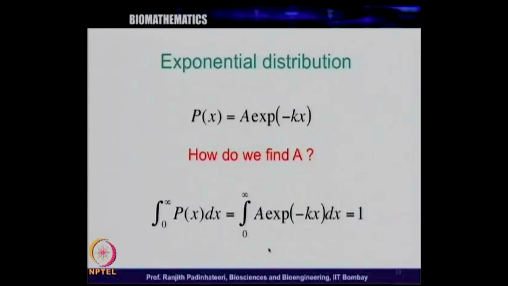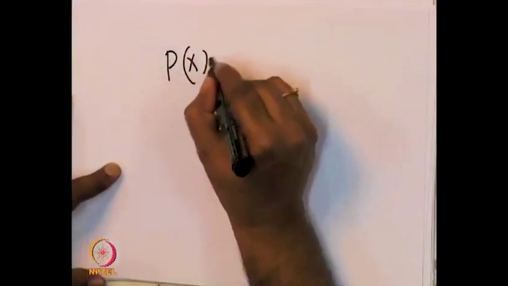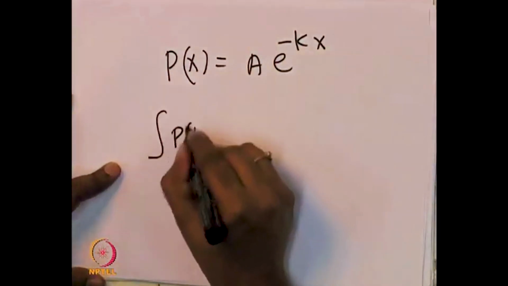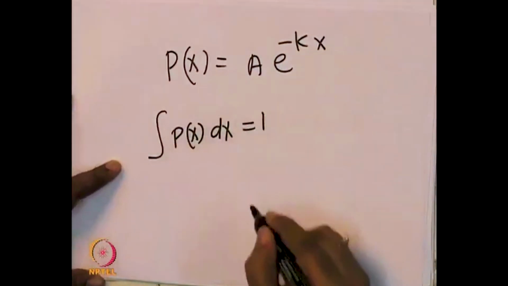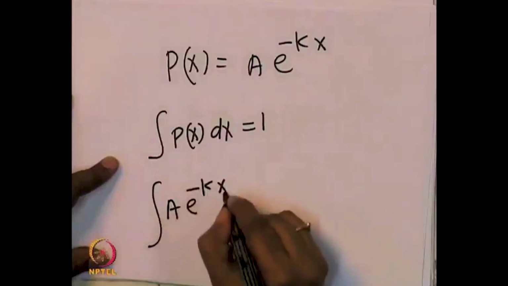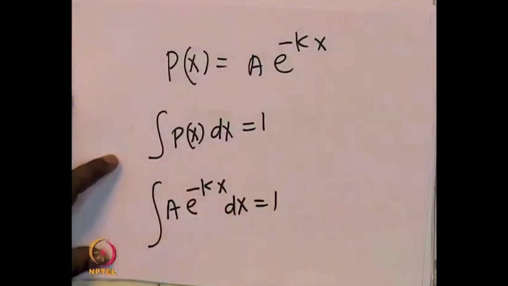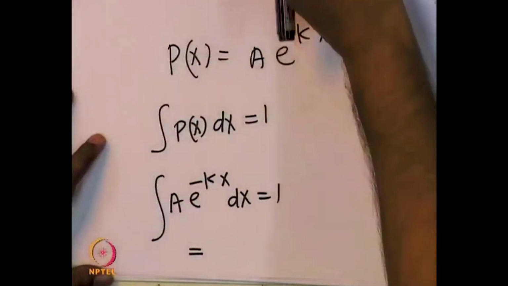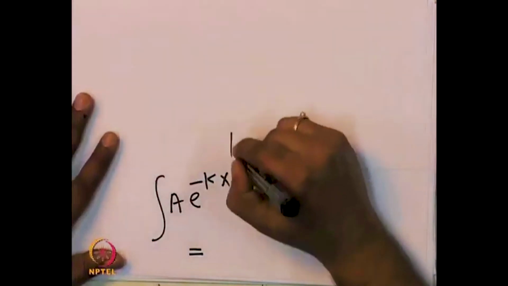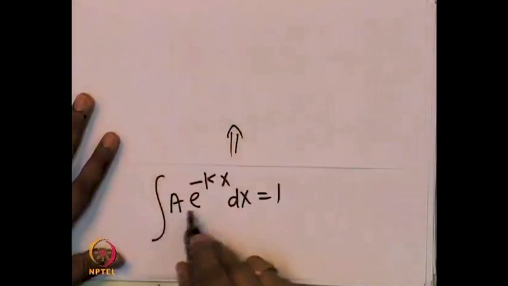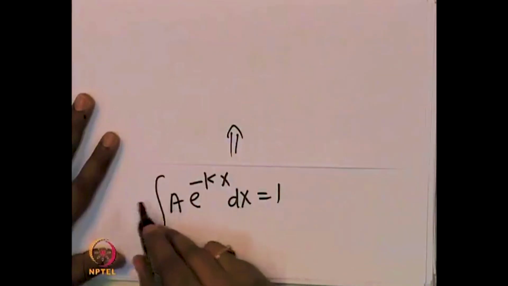What does that mean? We have p of x is a e power minus kx, and we want the integral of p of x dx equal to 1. That means the integral of a e power minus kx dx is 1. Since a is not a function of x, it is a constant, you can take a outside.